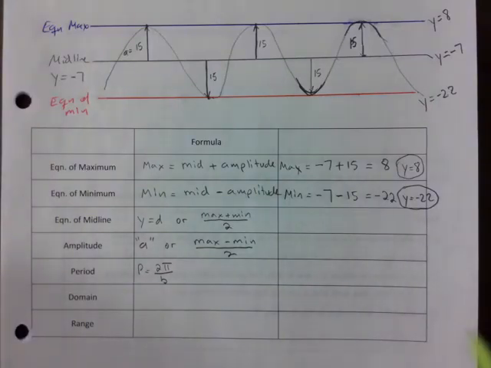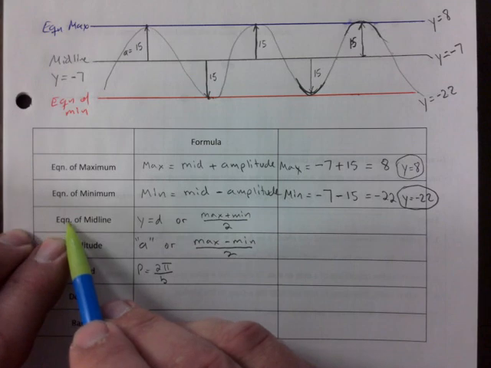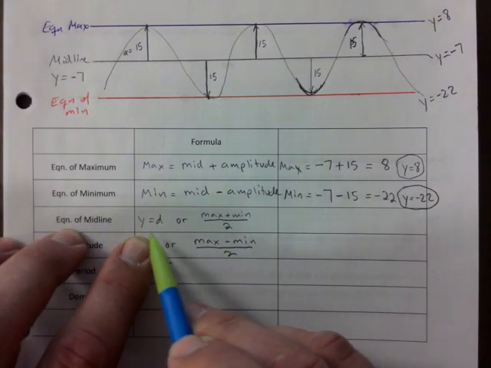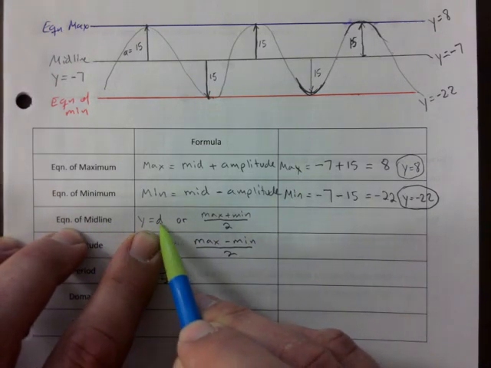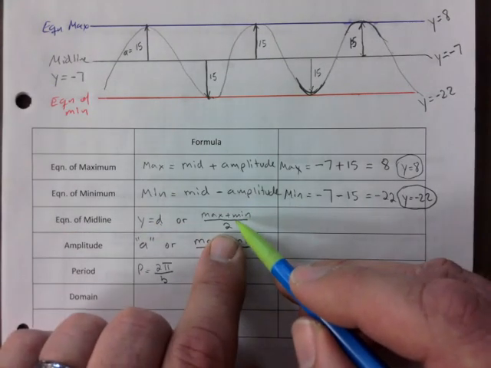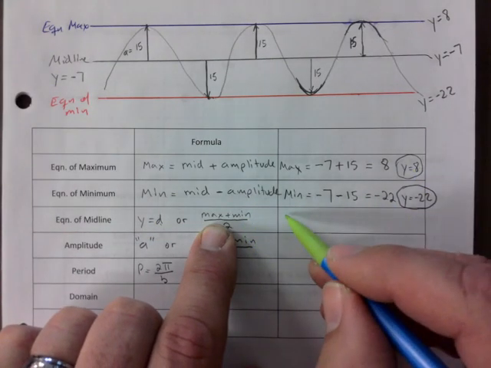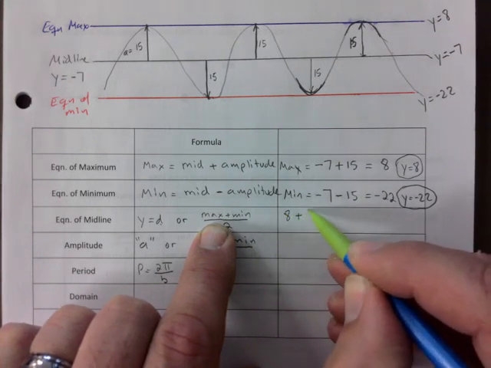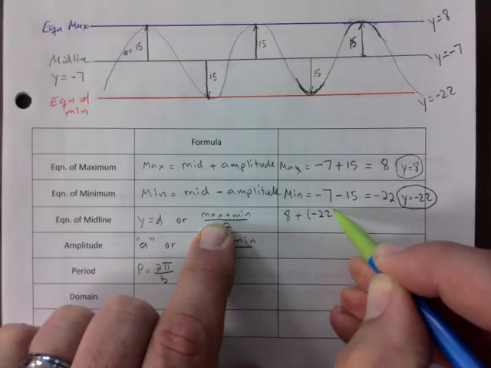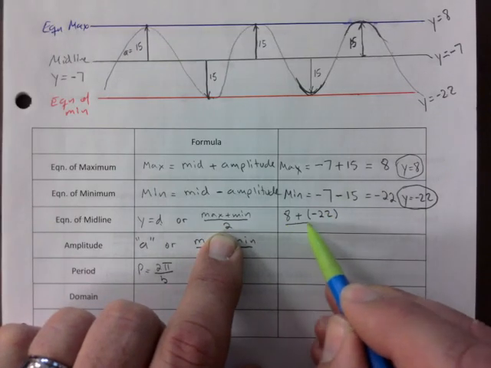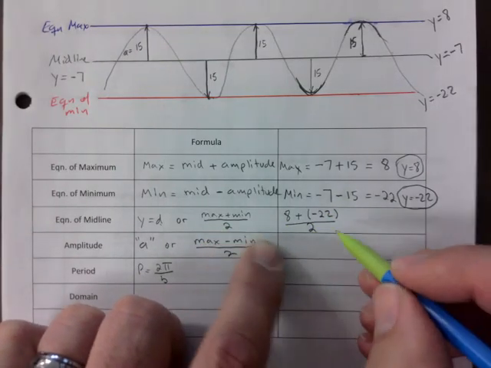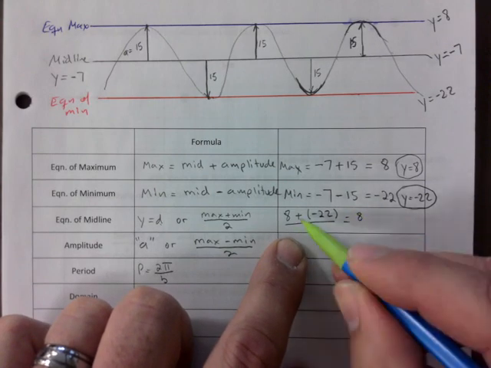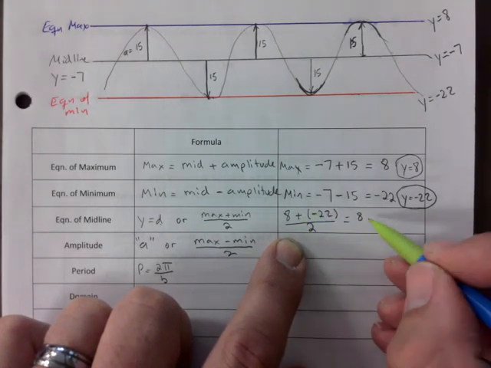Okay, emphasis on that there are several ways of getting my answer. Okay, equation of the midline. I already know that the midline is -7, but let's say you didn't know that. Okay, pay attention to this. You would go max plus my min divided by 2. And you all know that plus and minus turns into minus.